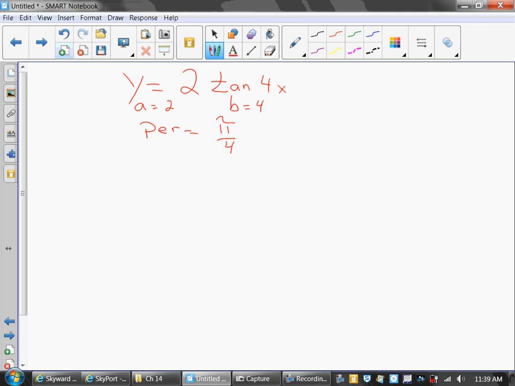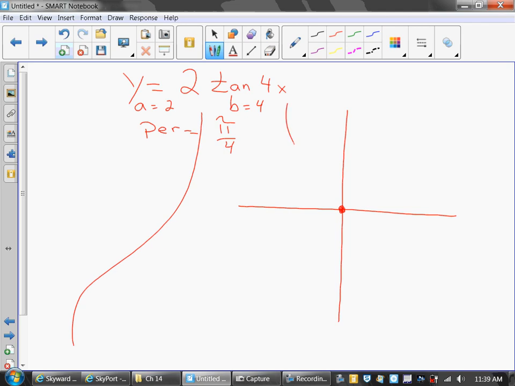When you go to graph tangent, tangent always goes through the origin. It's always going to go through the origin at the parent function. If the a value is positive, it's moving from left to right like this. It's going to be going like this. If a is negative, it's going like this.